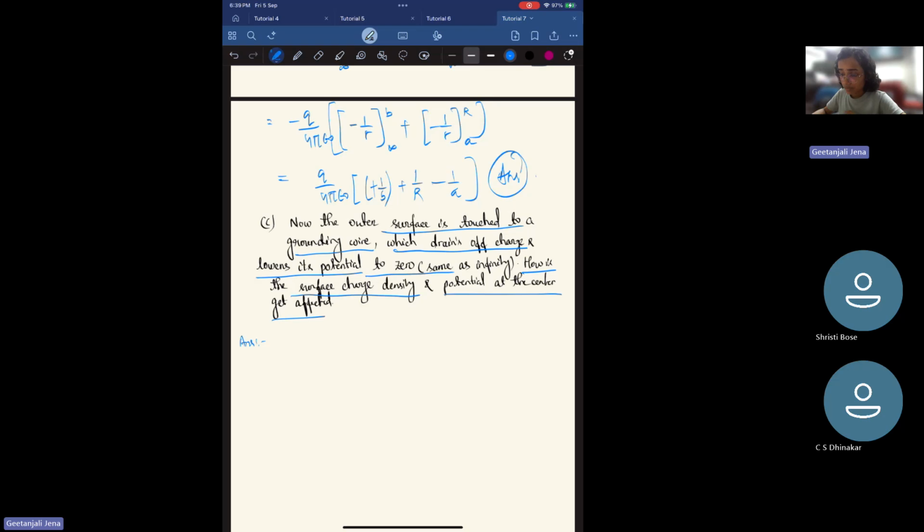It's given that after grounding, the outer charge is draining off. So that means sigma B is 0.